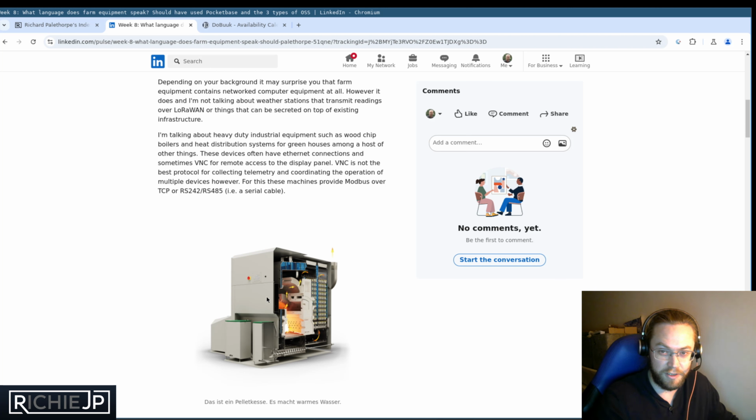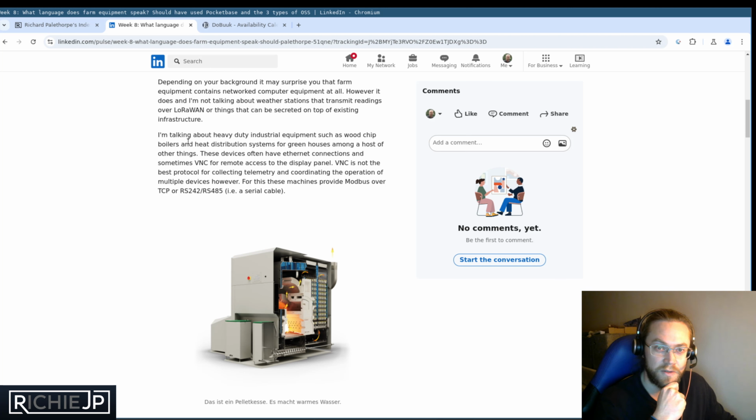And obviously you don't want your greenhouse to be too hot, and you don't want a delay when it gets too cold. If the temperature drops outside rapidly, you want to spin up your boiler quickly before your plants start to, I don't know what the right term is, but before you lose growth potential in your greenhouse.